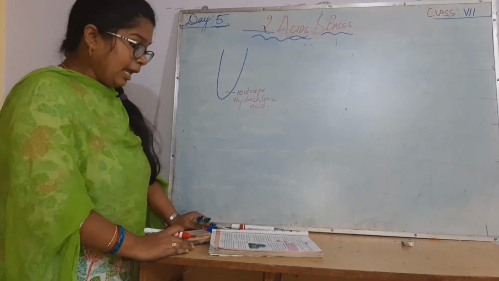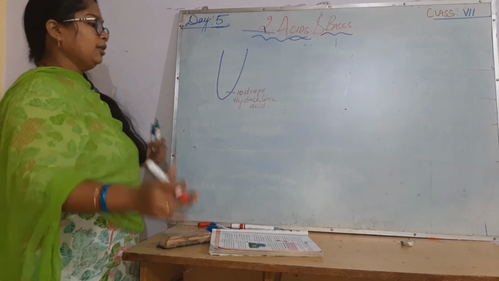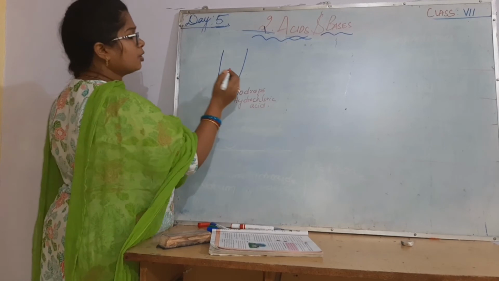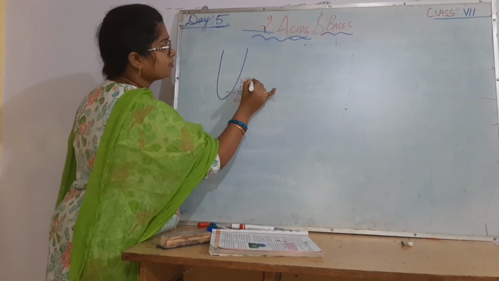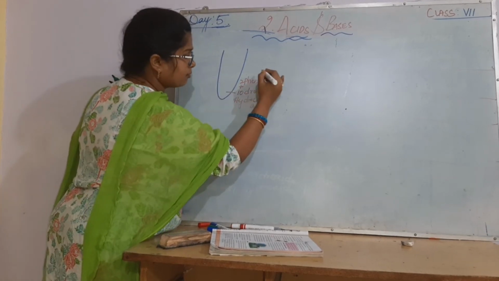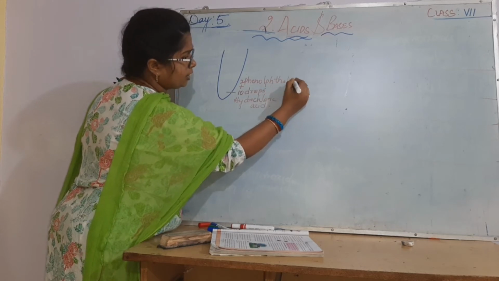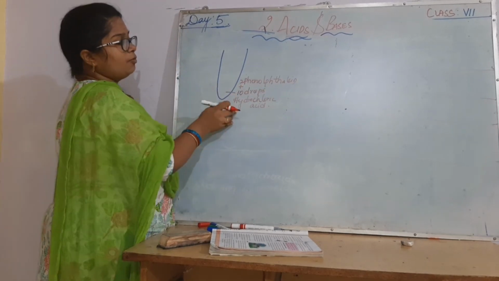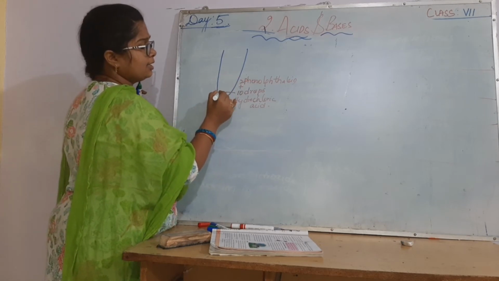Next, add 2 drops of phenolphthalein indicator solution. You know, when acid is added with phenolphthalein solution, it becomes colorless.